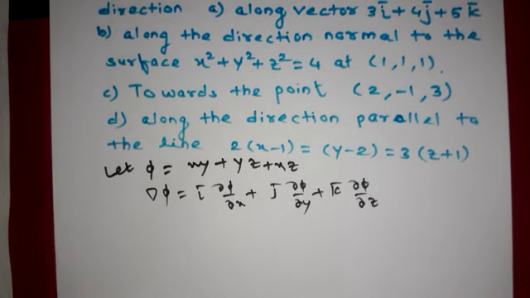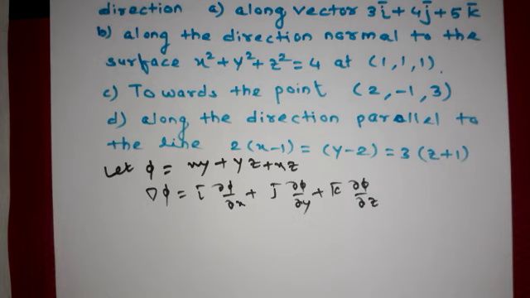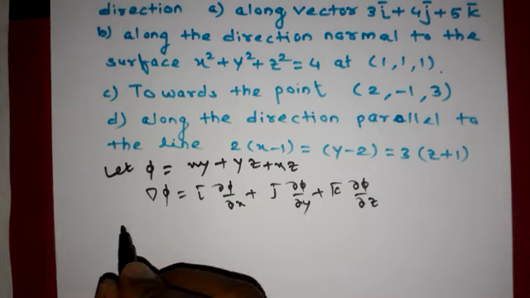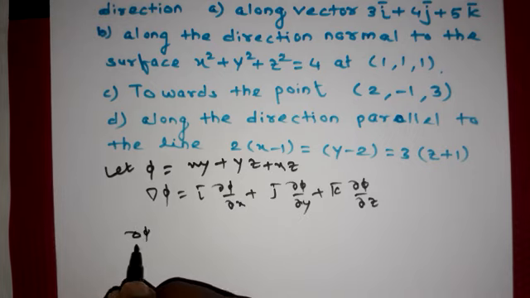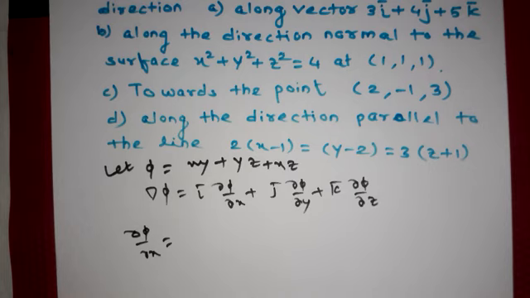In our last examples I have shown both the ways to you. So here also I can take one by one, dou phi by dou x, so that many students are able to solve it easily.